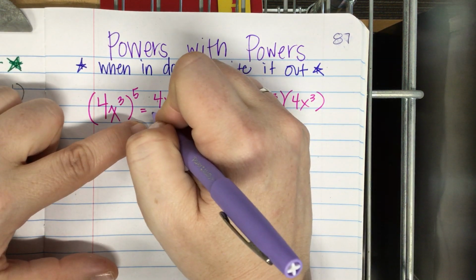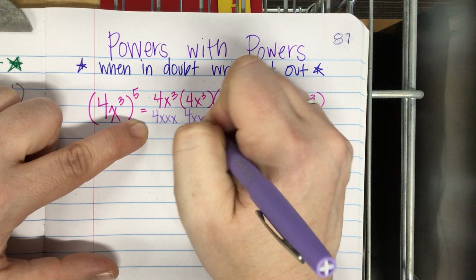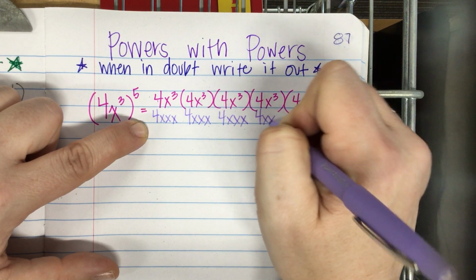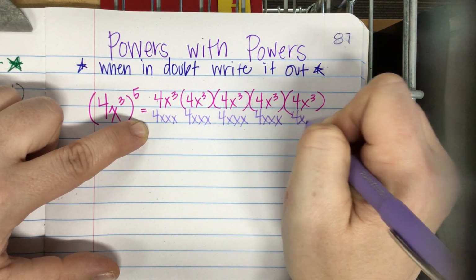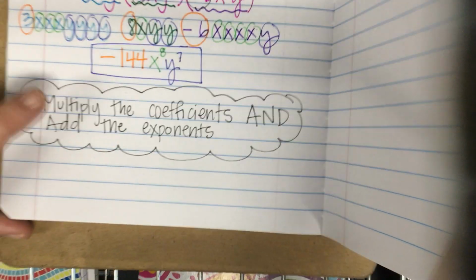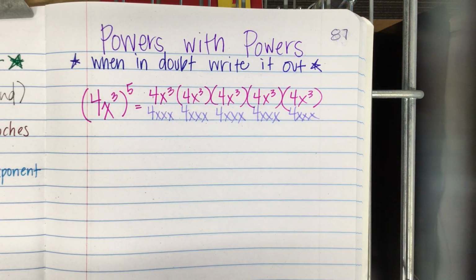But you could say, okay, this is 4x, x, x, and this is 4x, x, x, 4x, x, x, 4x, x, x, 4x, x, x, right? You could continue to expand it and say, okay, I don't want any exponents. However, if you understand this rule, I think just that one expansion lets your brain see what's going on.